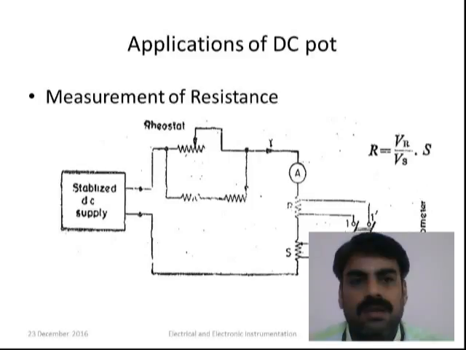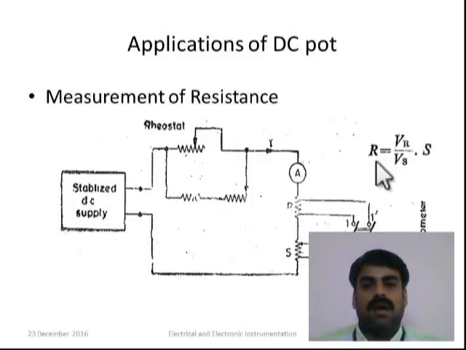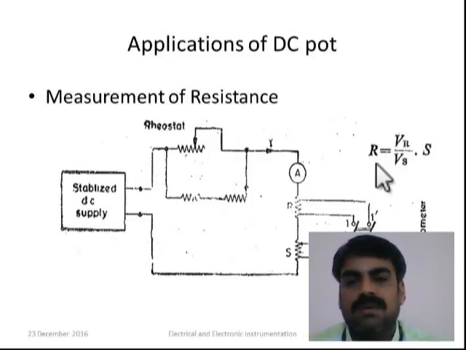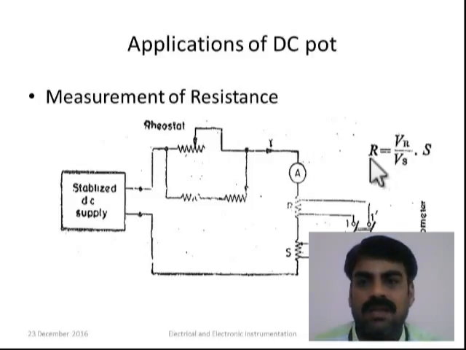By using a simple concept, we will be able to calculate the R value. We cannot directly read the R value; from this measuring arrangement we can only calculate it. So here the potentiometer is used only to measure potential, and using that potential we are able to calculate the magnitude of the unknown resistance.